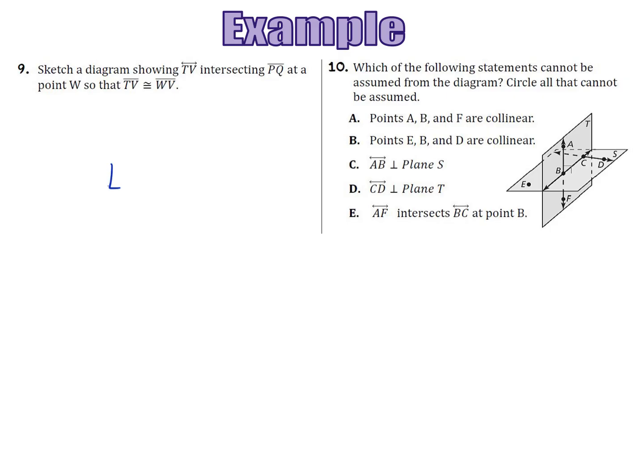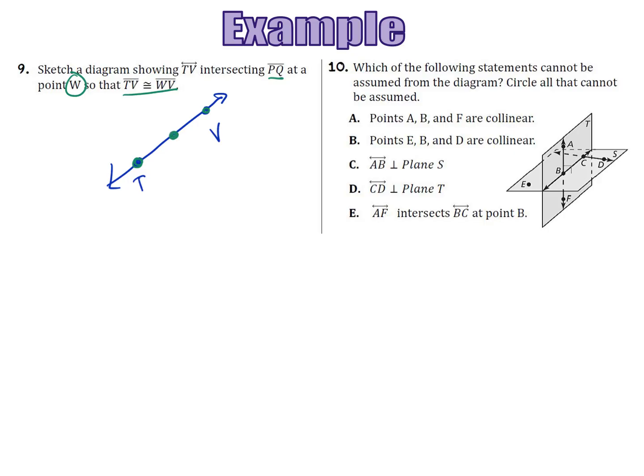So the first thing I'm going to do is draw a line. On this line, I'm going to label 2 points, T and V, because we're being asked to label 2 points. Now we're supposed to draw a segment that intersects the line. It intersects at point W, and it looks like W is breaking this piece of my segment in half.